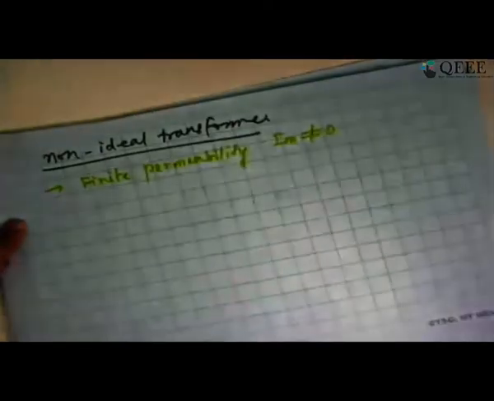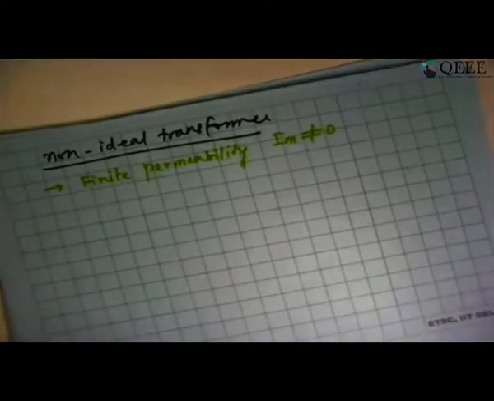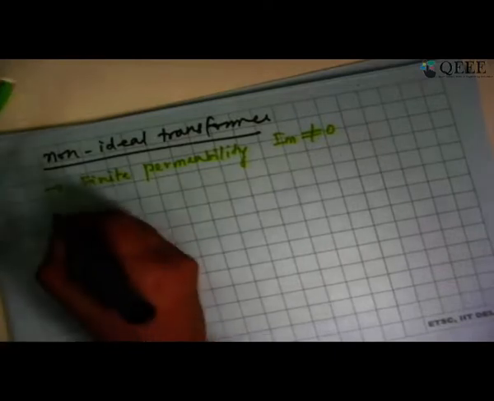It is a finite value. That is the first point we impressed upon. The second point we made last time was that there are core losses, so we are going to have hysteresis and eddy current losses.